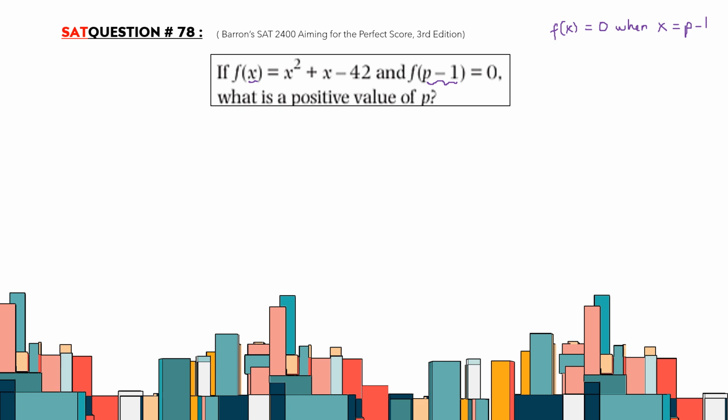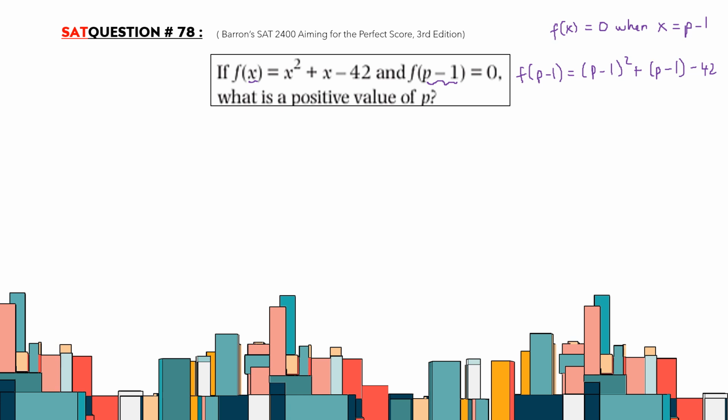So to solve for p, usually we plug in p minus 1 wherever we see x. So we have f of p minus 1 equals p minus 1 squared plus p minus 1 minus 42.